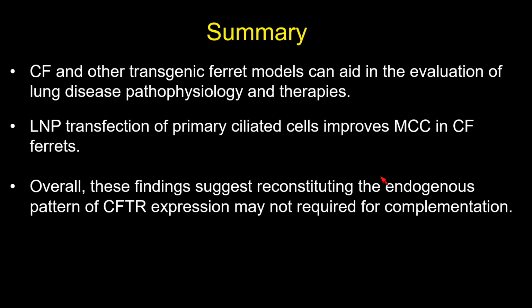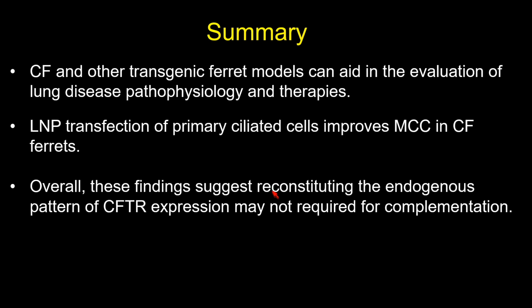So in summary, we believe that CF and other transgenic ferret models can aid in determining what cell types, what's the pathophysiology for CFTR expression in various cell types, what are potential therapies. The LMP lunar transfects primarily ciliated cells, yet it improves mucociliary clearance very close to wild type levels.